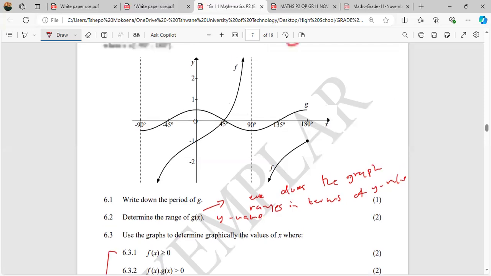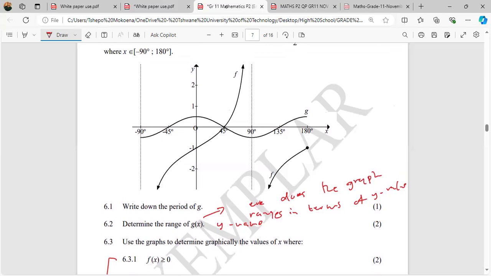So let's see then. We want where f of x is greater than or equal to 0. We are including 0, that means. So this is the graph of f. You see where I'm highlighting? Already, f is greater than 0, meaning f is above 0, because you see this line over here.